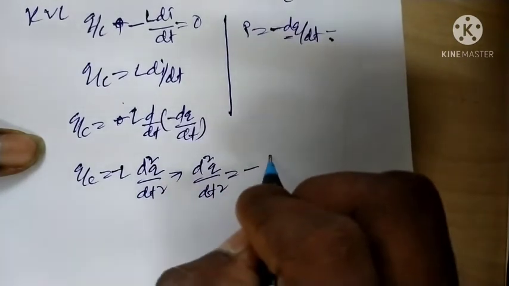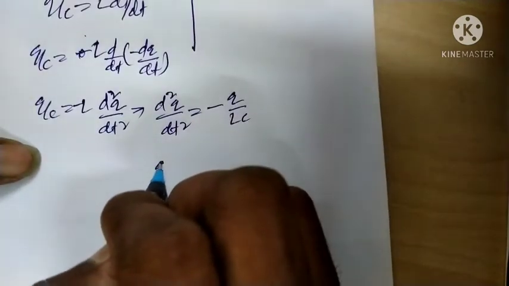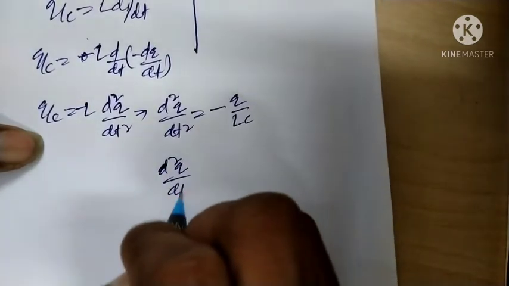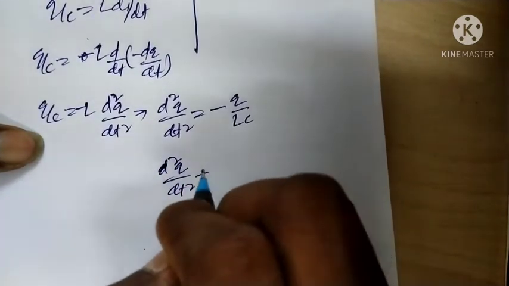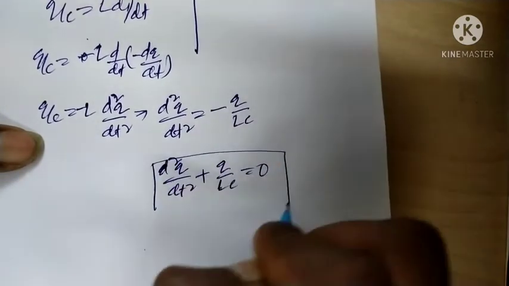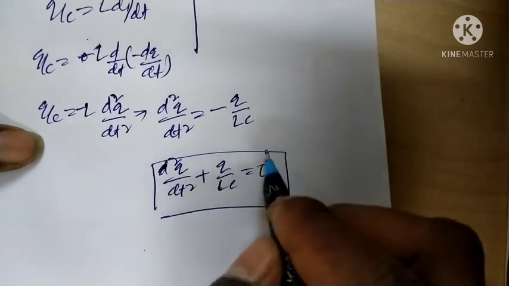It is minus Q by LC. Next, d square Q by dt square plus Q by LC is equal to 0. This is the equation of motion in the LC circuit.